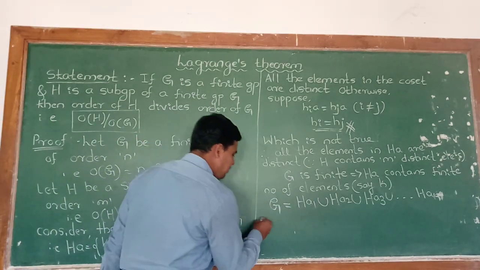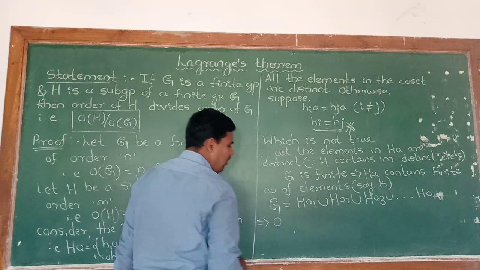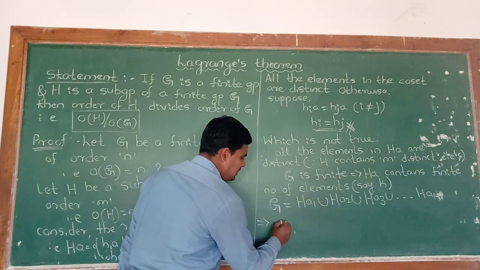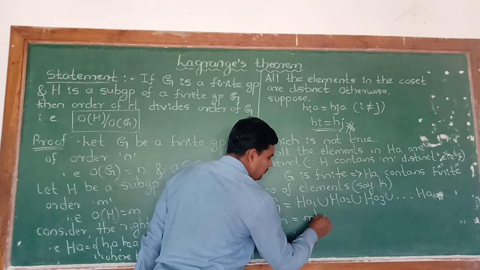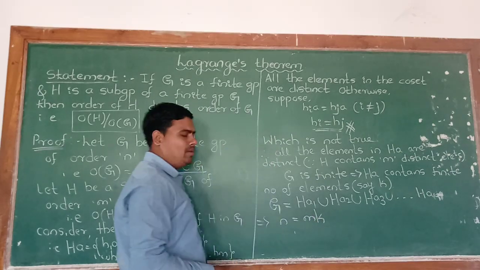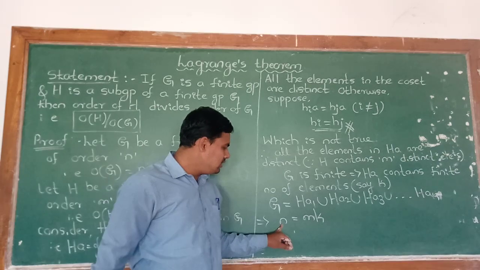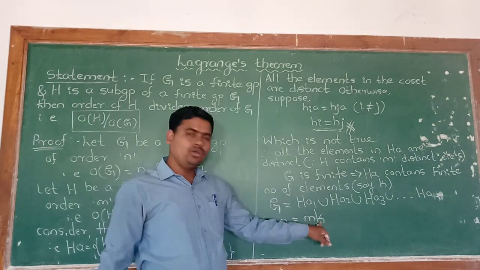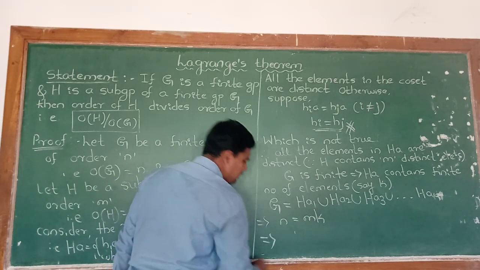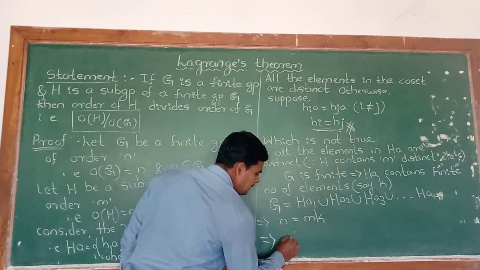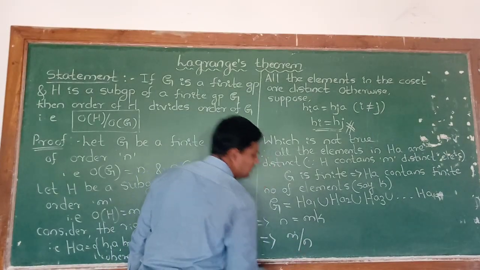Therefore, this implies what? The order of G is n. n is equal to what? m times k, that is, n is equal to m into k. That implies m divides n.